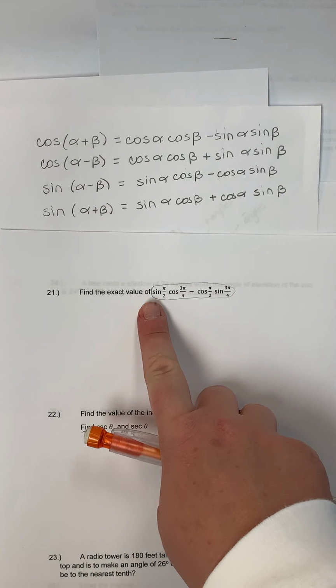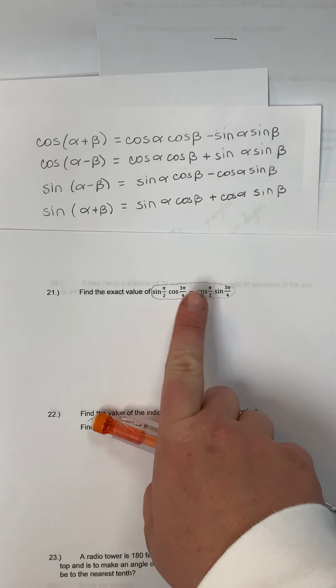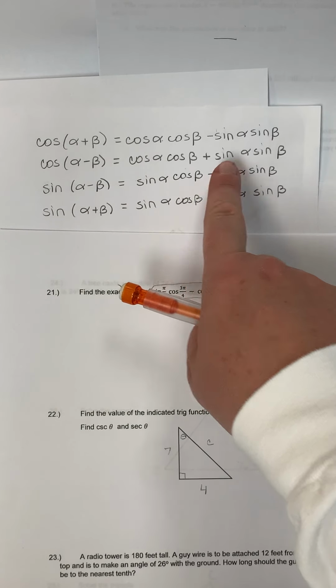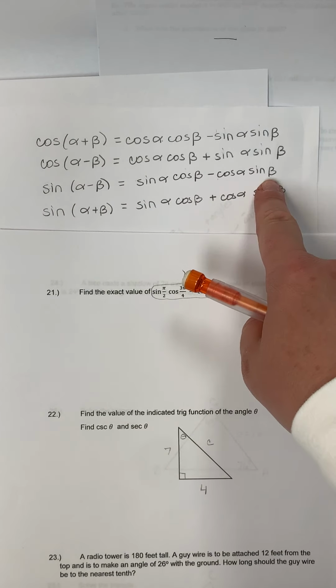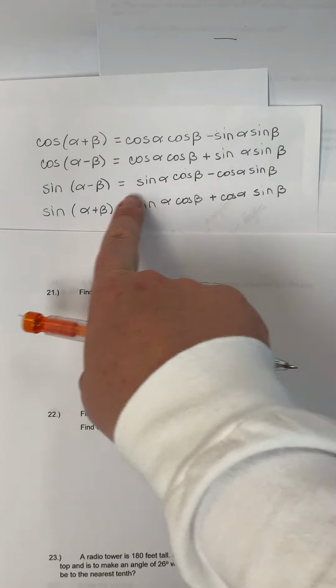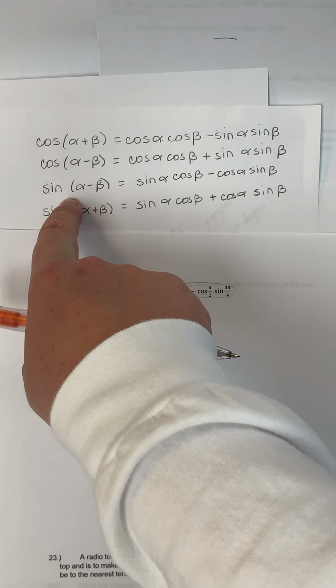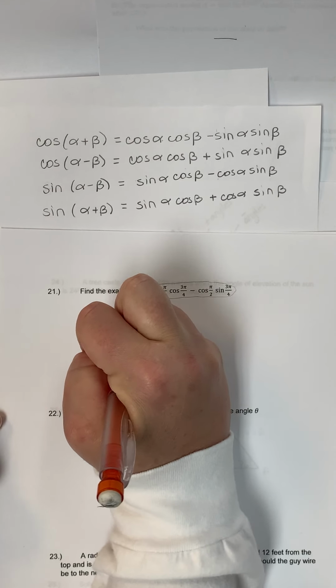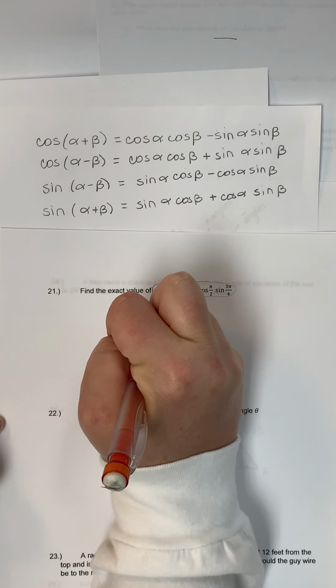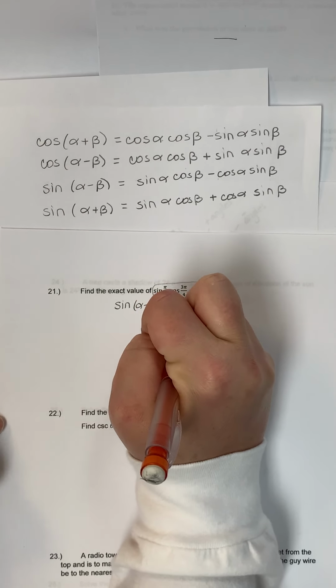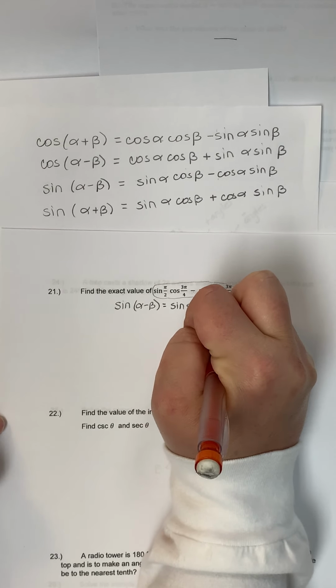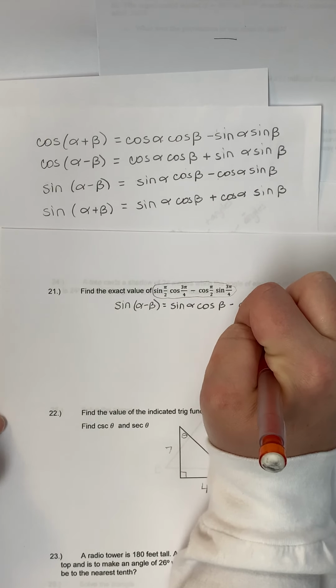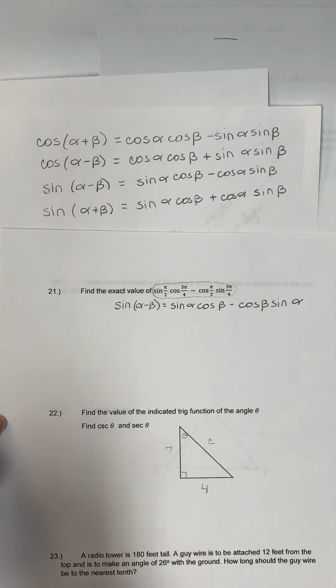Then I notice I have a mix: sine, cosine, minus, cosine, sine. So this is a form of a difference of sines formula. I'm going to write that here: sine alpha cosine beta minus cosine alpha sine beta.